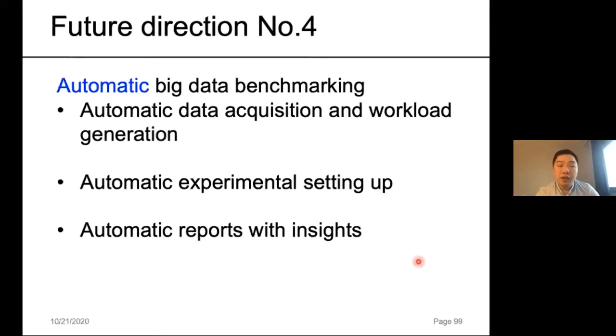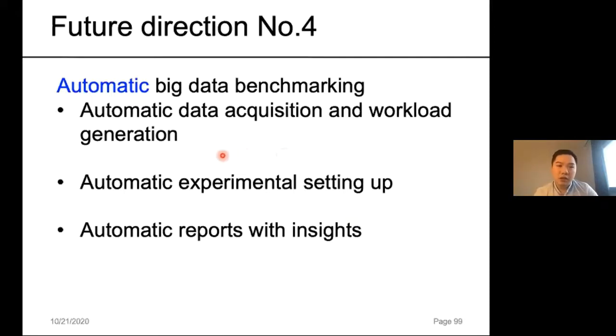And the fourth direction is automatic big data benchmarking. This means that the benchmark tuning can be automated without human effort, because now benchmark tuning still heavily relies on human effort.